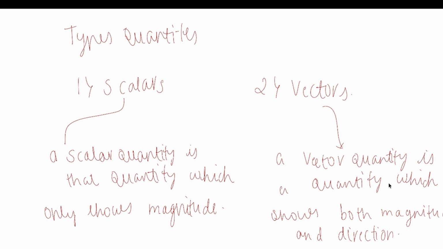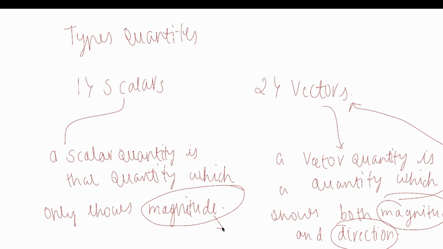So anything which shows direction and also has a magnitude, we can name that quantity to be a vector quantity. Anything which only has its numerical value is said to be a scalar quantity.